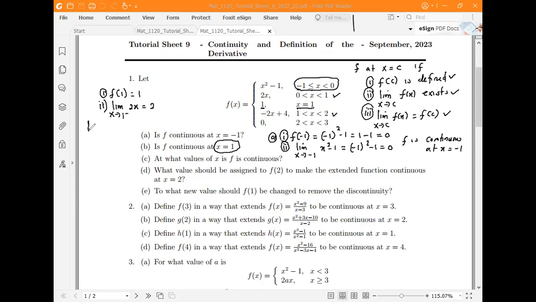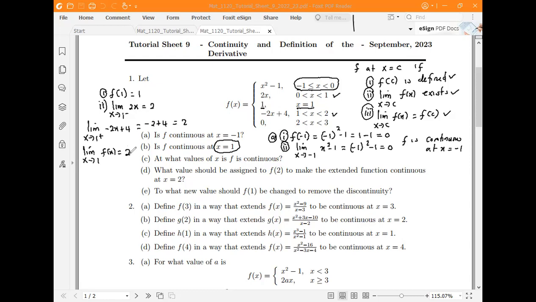Then also the limit as x approaches 1 from the right. So 1 from the right, you pick minus 2x plus 4. So you get minus 2 plus 4, which is equal to 2. So you see, from left and from right, we're getting the same number. So this means that the limit as x approaches 1 of f is equal to 2.